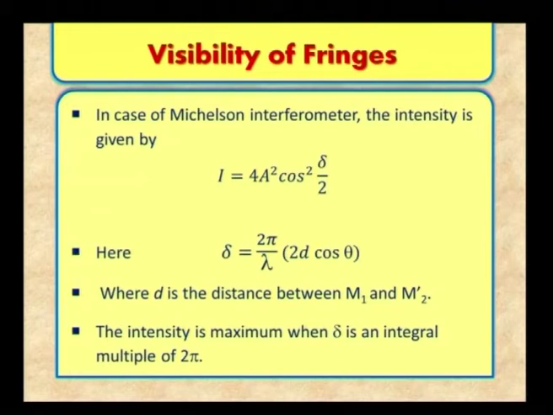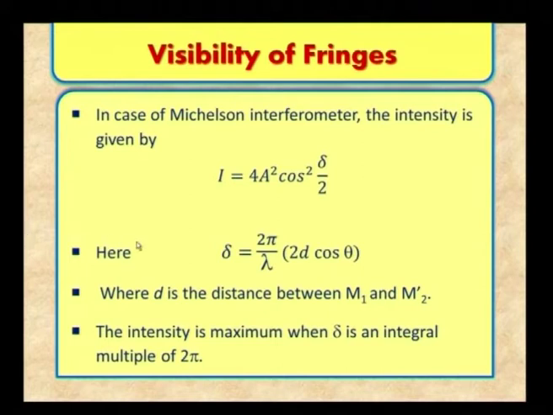A is the amplitude and delta is the phase difference. The phase difference delta is given as 2 pi by lambda, where lambda is the wavelength of the monochromatic source, into 2d cos theta. What is d? d is the distance which separates the mirrors M1 and M2 prime, which I showed earlier in the picture.